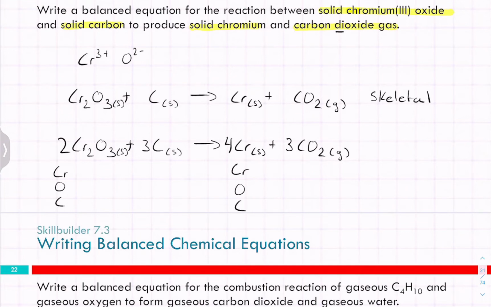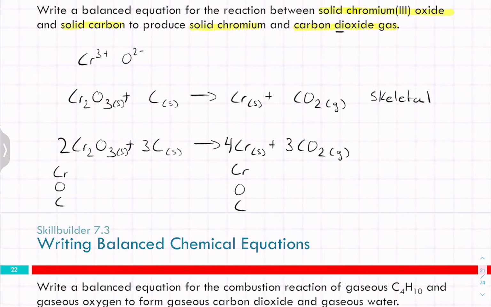My recommendation for what order you do these in: the order doesn't really matter. Usually I just go to the reactant side and go left to right, and then I do the same order on the product side, because that way I can look at them one to one and make sure they're matched.